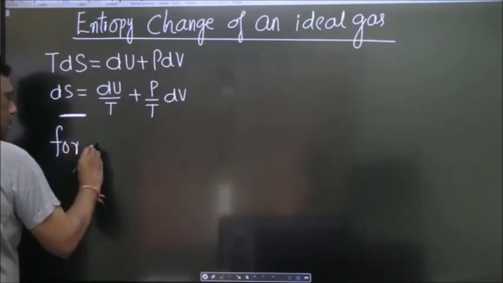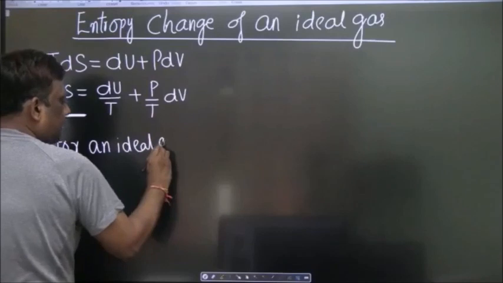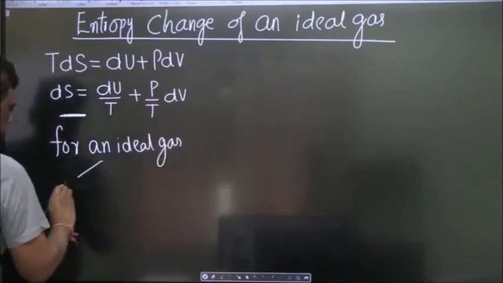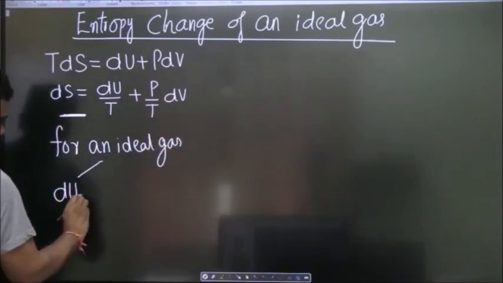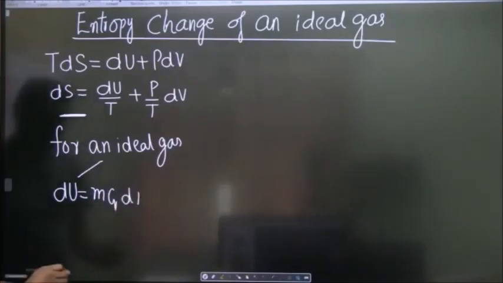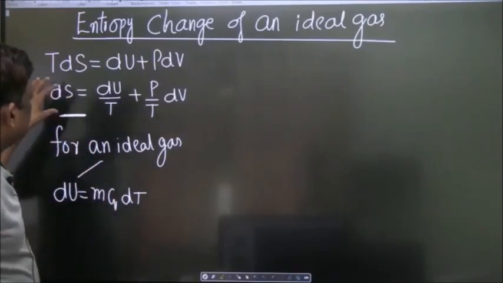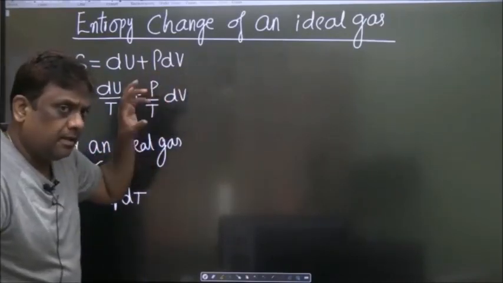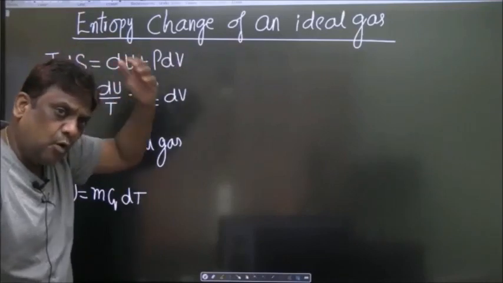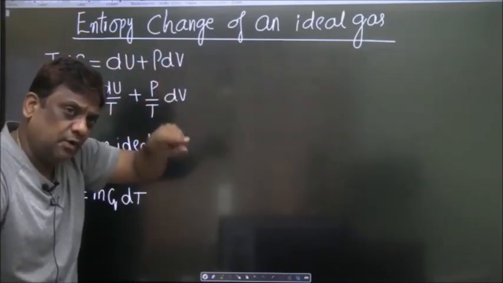But now for an ideal gas, dU is mCv dT. Look, my dear students, I never said it is a constant volume process. In the previous case, we found slopes for constant volume and constant pressure, that's why I used constant volume, constant pressure.